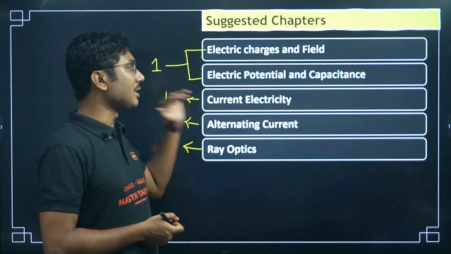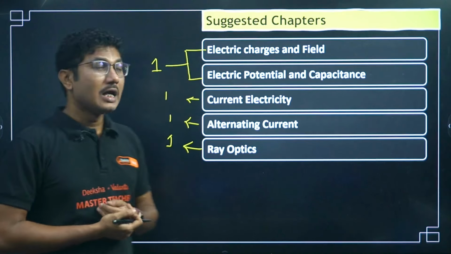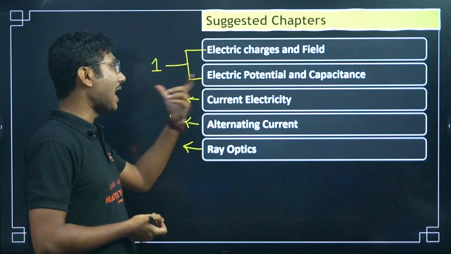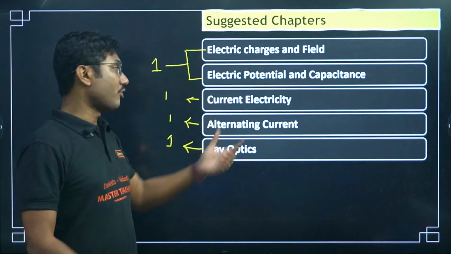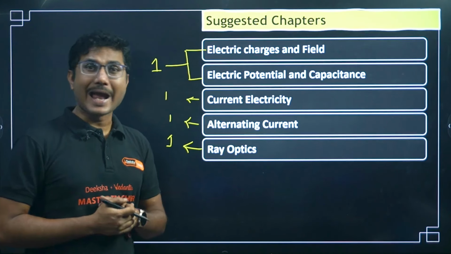I will be solving some circuit theory questions in future, but because your midterm is very soon, I am not going to cover circuit theory based questions in current electricity. I will be covering other general questions from current electricity. If those types of questions come, then definitely you can try and solve them.